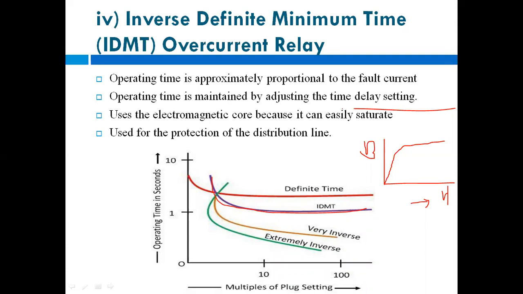We can set the time also, and the electromagnetic core is used because it saturates quickly, so that the relay operates very fast. And it is used for the protection of distribution lines.